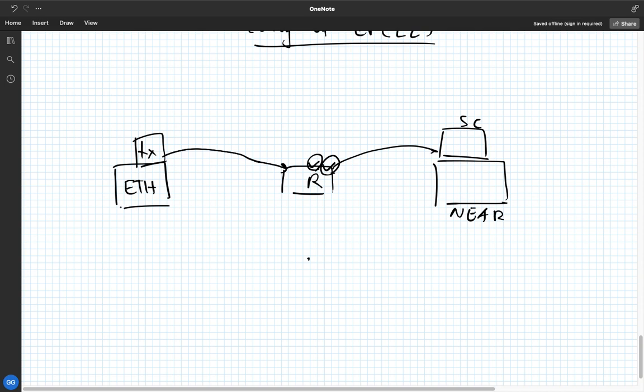We basically verify the Ethereum consensus. And how do we do that? We basically check that Ethereum validators have signed off on a block that contains this transaction, right? So the relay basically needs to send across not just the transaction but also the validator signatures now.